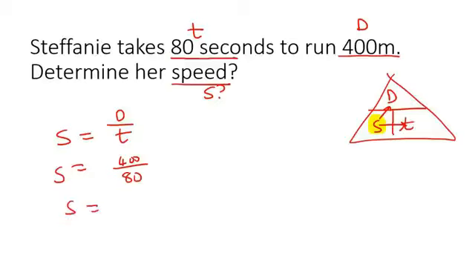And so if you had to work this out, you're going to get the speed is equal to 5. Now don't say kilometers per hour. Now it's going to be meters per second. You see, kilometers per hour is when we're using kilometers for distance and hours for time, but now we're using meters for distance and seconds for time.